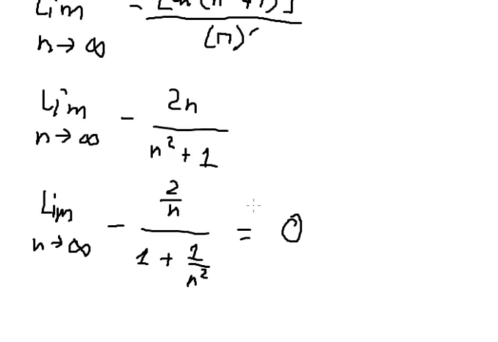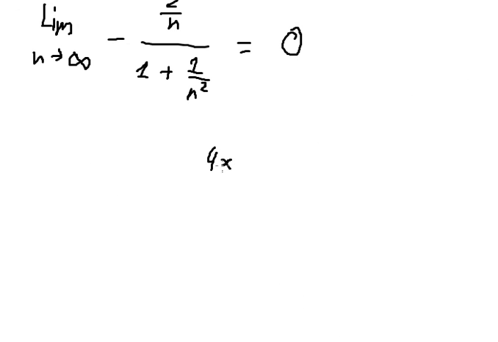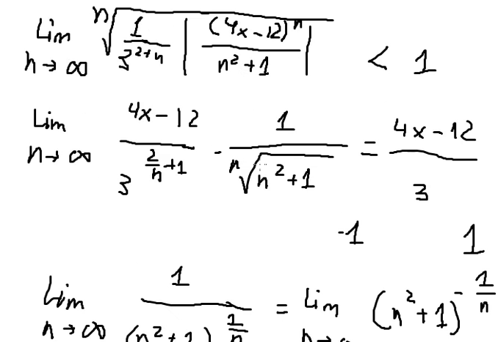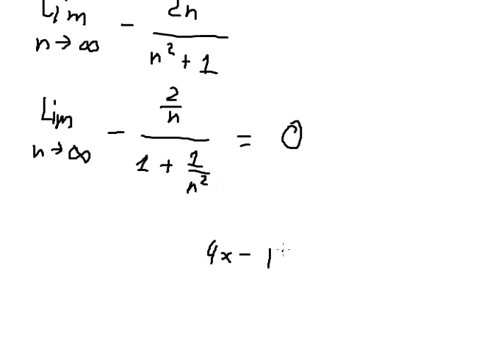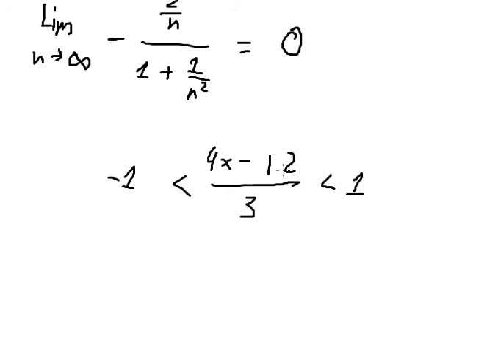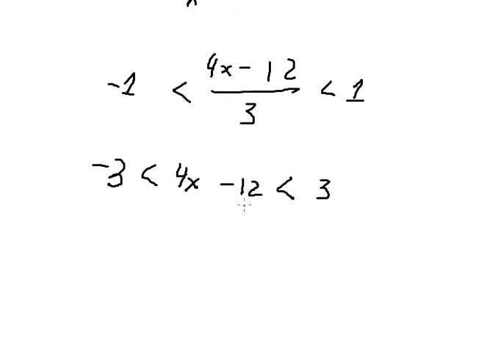Now we need to find these intervals in here. For this one, we multiply both sides by 3. And later we move this one to the left and to the right.